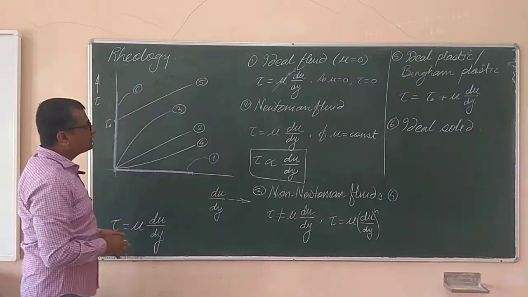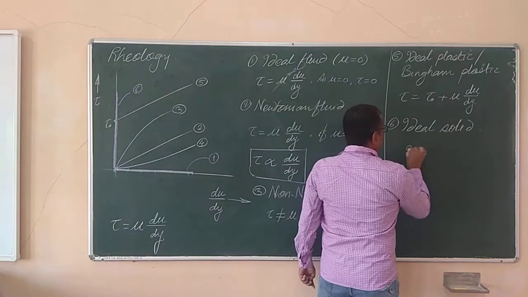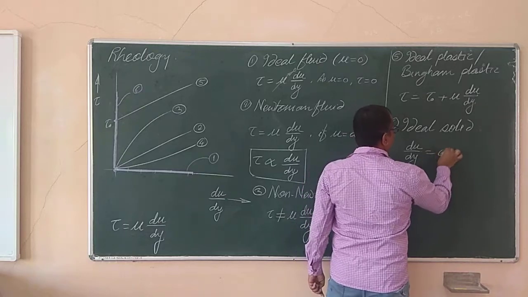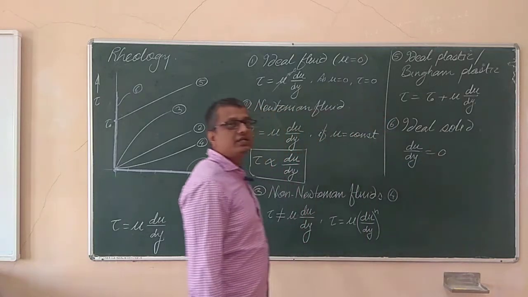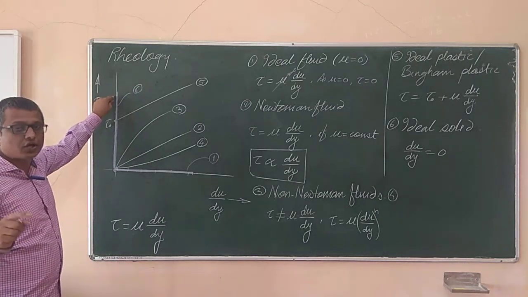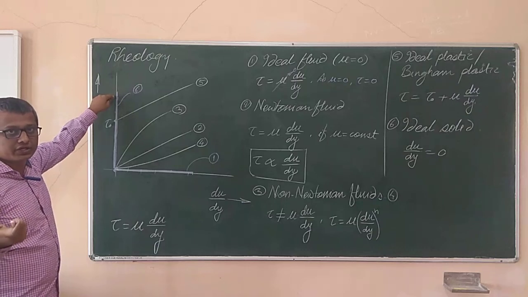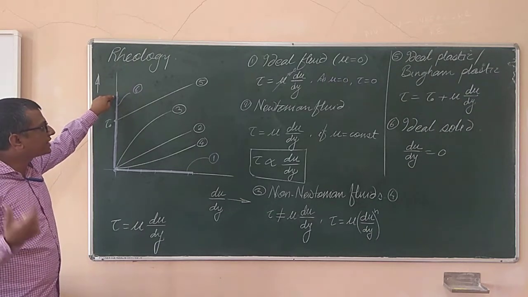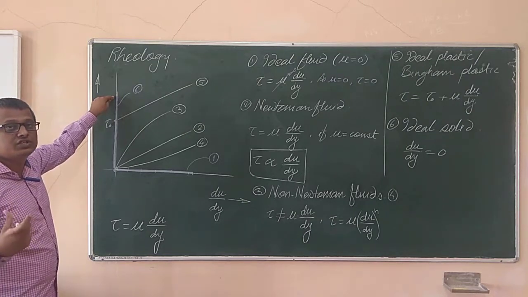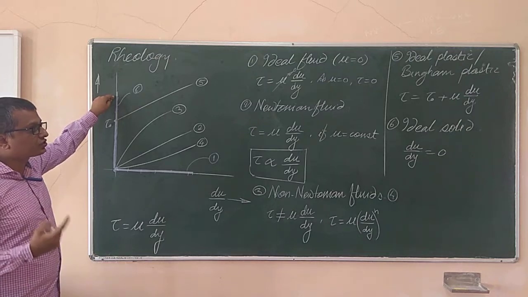For ideal solid, du by dy has the value 0 always. However high the magnitude of the shear stress acting onto it, there is no shear strain at all. We can say the ideal solid is a rigid body, since however high the magnitude of the shear stress acting onto it, there is no shear strain in it. So that's why du by dy is always 0 for the ideal solid.